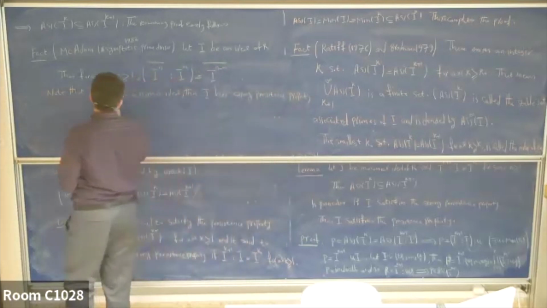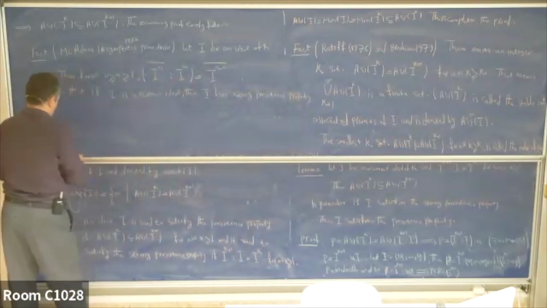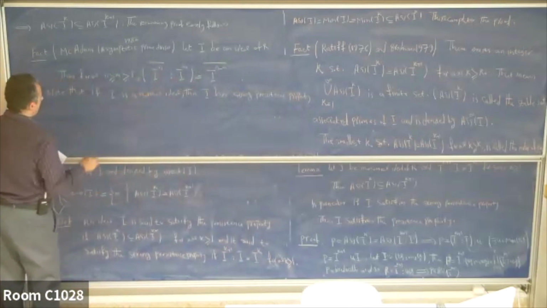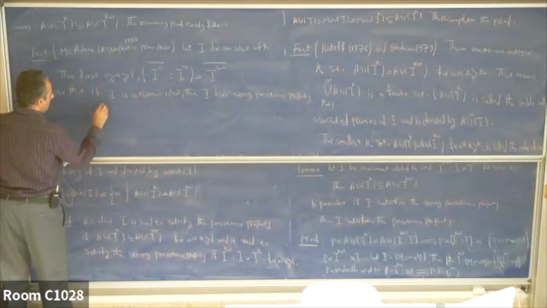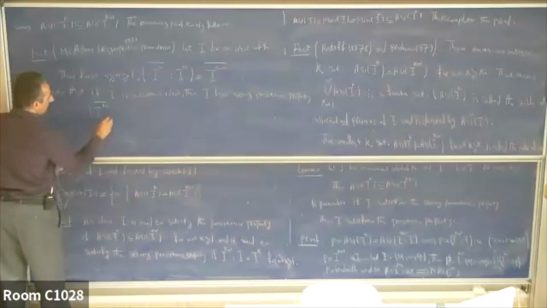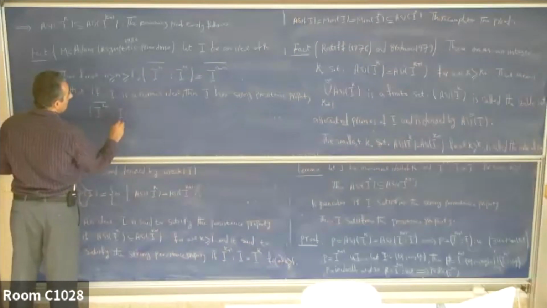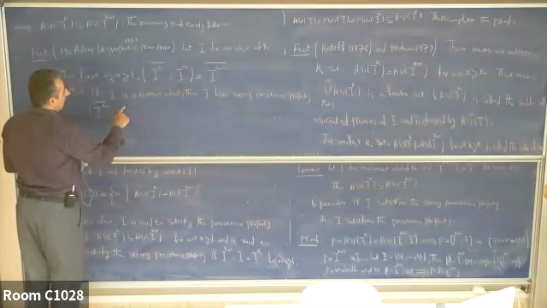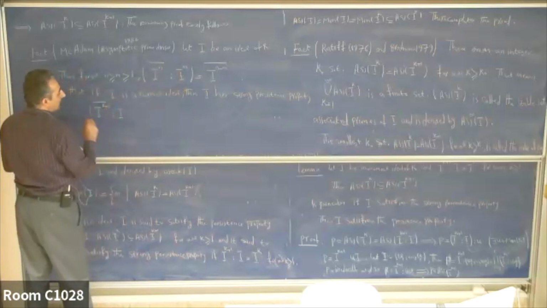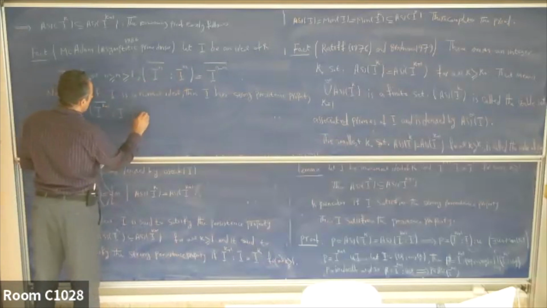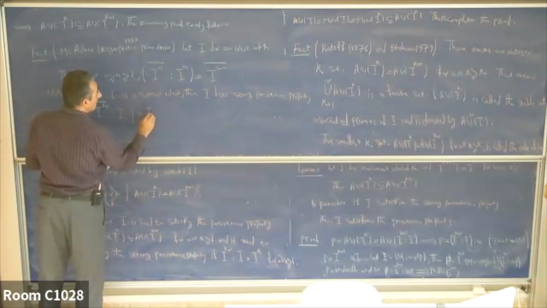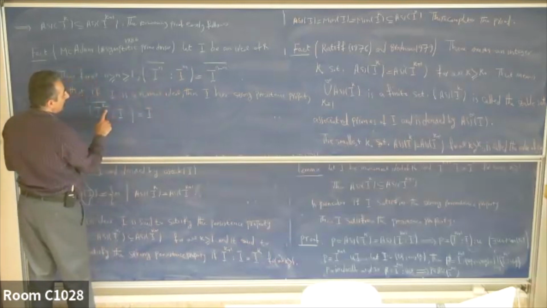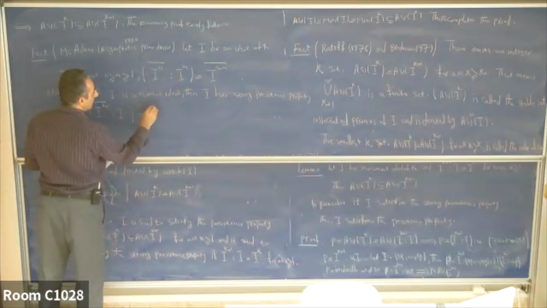Because when I is normal, by this fact, I^(k+1) colon I^k, with m equal to 1 and n equal to k plus 1, is equal to, by this definition, A^(k+1-1) integral.